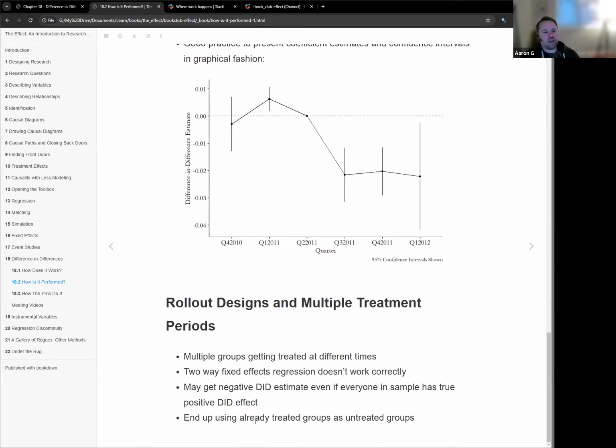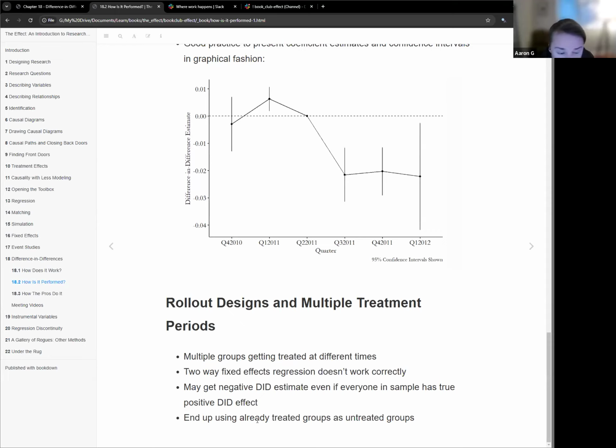And then another call out, using these two-way fixed effects models does not work well when the treatments are applied at different time periods. So, temporally speaking, maybe you have treatment on your treatment cohort being applied at different times.